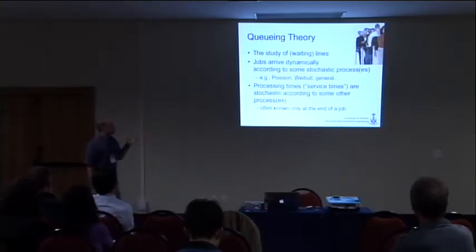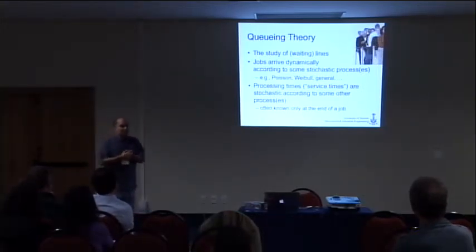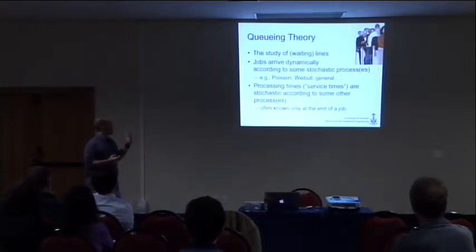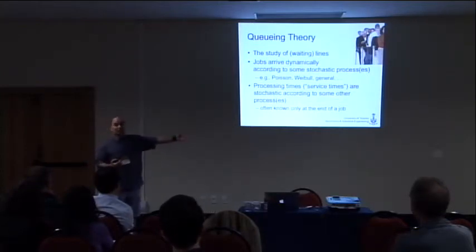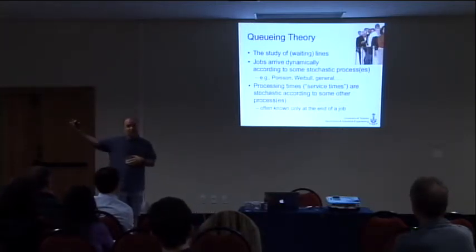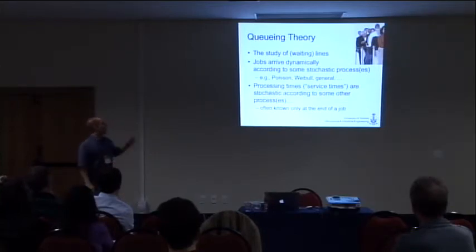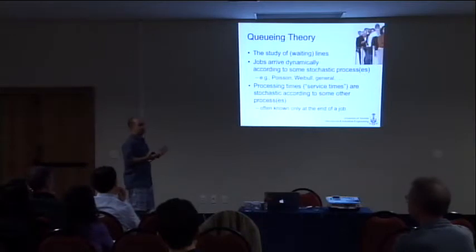Queuing theory. Okay, so this is the study of waiting lines. Jobs arrive dynamically over time, according to some stochastic process, and there's an awful lot of work saying, well, we assume it's this process, or sometimes they actually have empirical distributions. Processing times, which are called service times, are also stochastic.